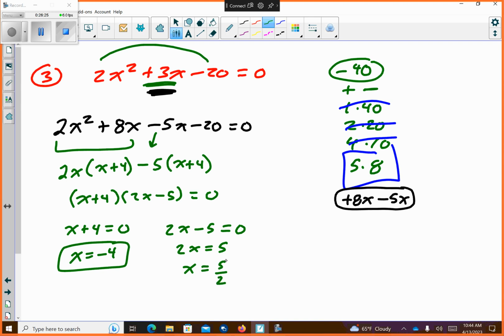There's my two answers. It factored nicely. Did anyone choose to use the quadratic formula on this? If so, did you get the same answer as I? Cool. But can you see how this one might not have been quicker than using the quadratic formula, but it might have been.